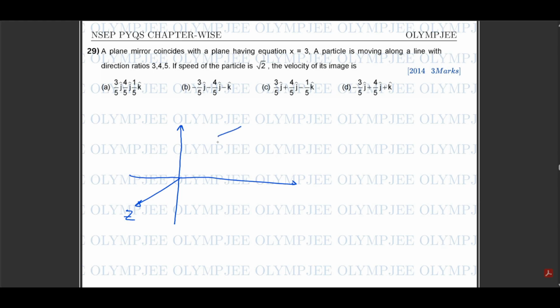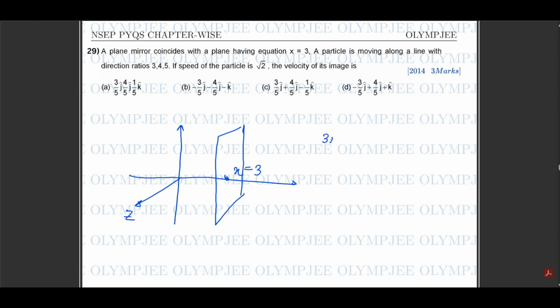So the plane is here at x is equal to 3, and we have a line with direction ratios 3 is to 4 is to 5. So we can find the unit vector of this line by doing this.